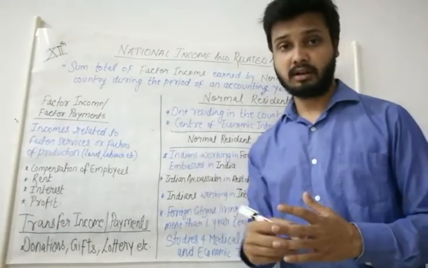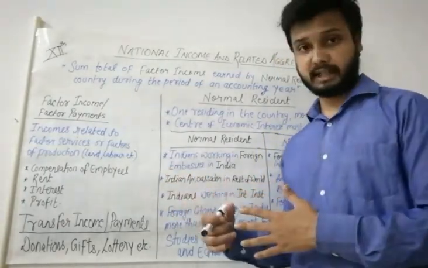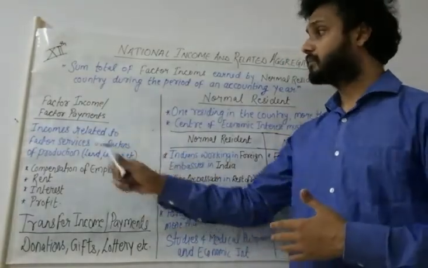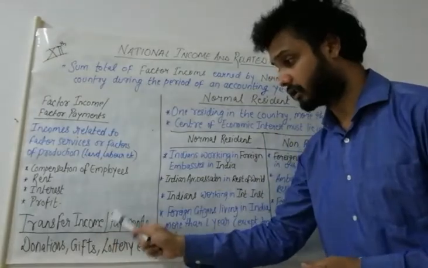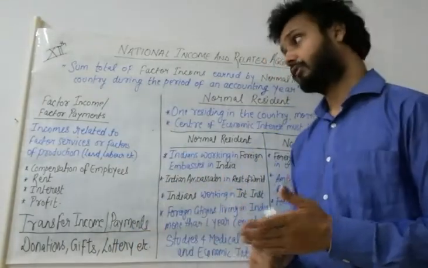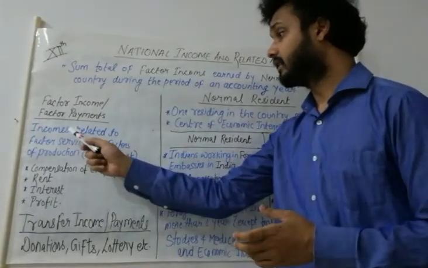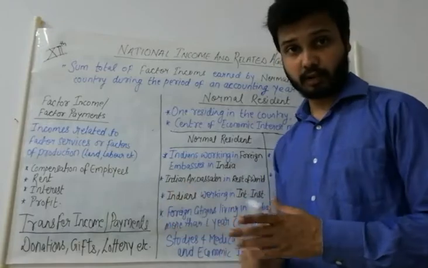Here we come to the concept of incomes and payments. There are two types: factor income or factor payments, and transfer income or transfer payments. First we will see the factor income or payments. Incomes related to factor services or factors of production.